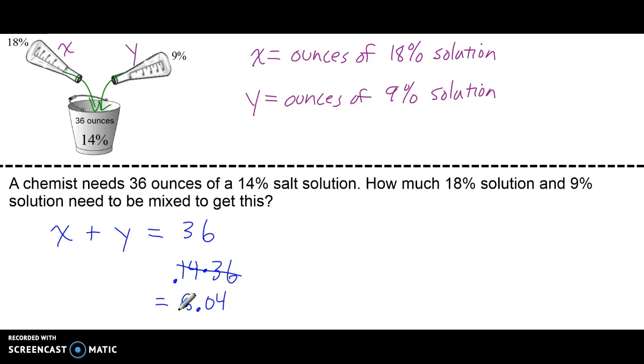That's how many ounces of salt you need to have when you're done. Well, where's that salt coming from? It's coming from the stuff we're mixing in there. It's coming from 18% of X, the stuff you're pouring in from the 18% solution. 18% of it is salt, and remember it's percent times quantity, and 9% of the Y stuff.